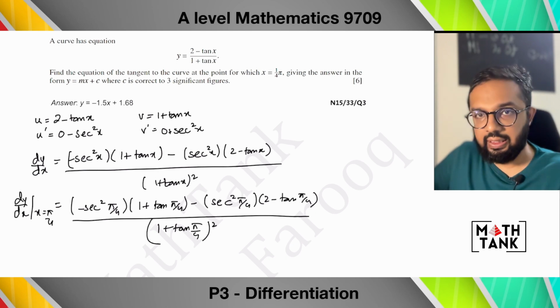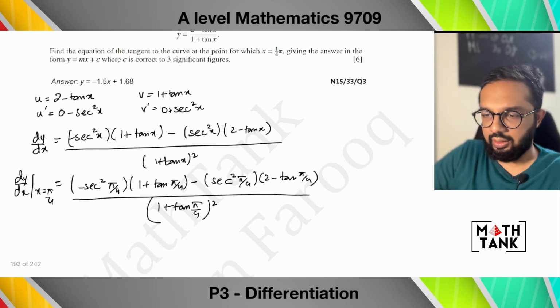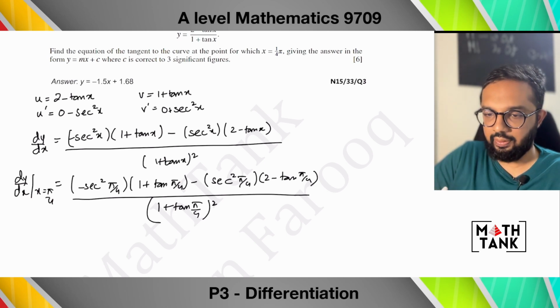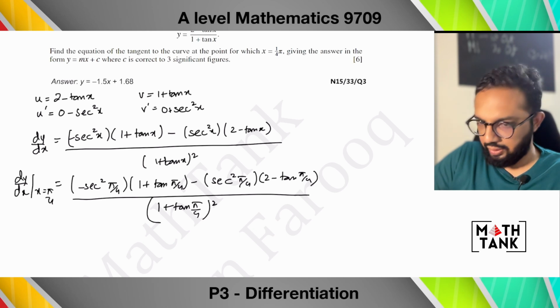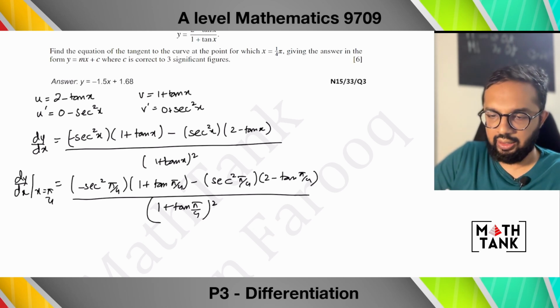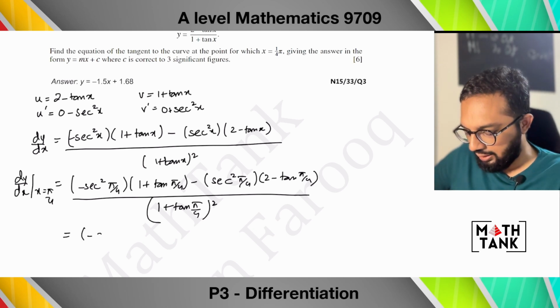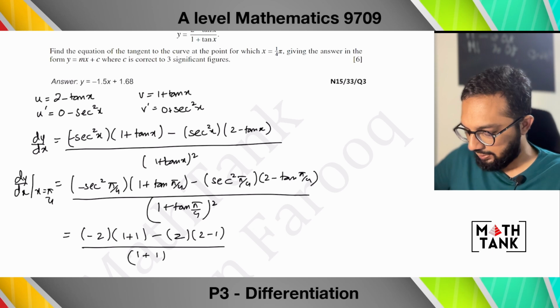Tan pi by 4 is easy, it's 1. Cos pi by 4 squared is half, which means that sec square must be 2. So minus 2, 1 plus 1 minus 2, 2 minus 1 over 1 plus 1 squared.